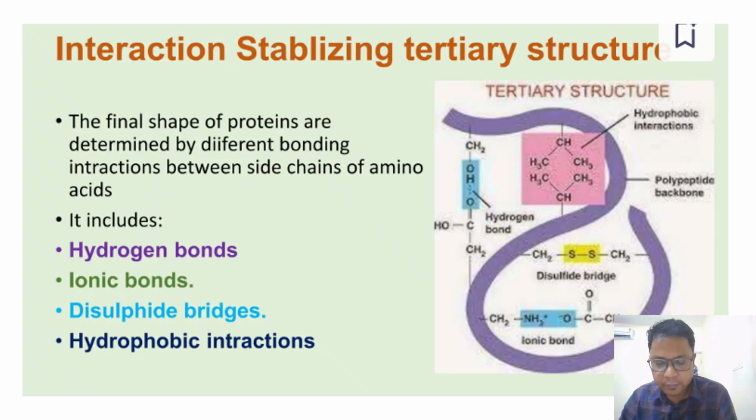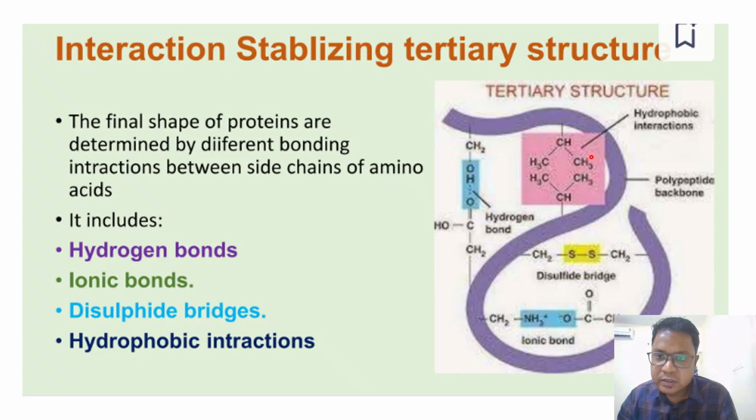What are the forces responsible for stabilizing the tertiary structure? The final shape of a protein is determined by different bonding interactions between the side chains of amino acids. What are those interactions? It could be hydrogen bonding, ionic bonding, disulfide bridges, or hydrophobic interaction. In the picture, you can see the different kinds of interaction responsible for stabilizing the tertiary structure. There is a possibility of formation of hydrogen bonding.